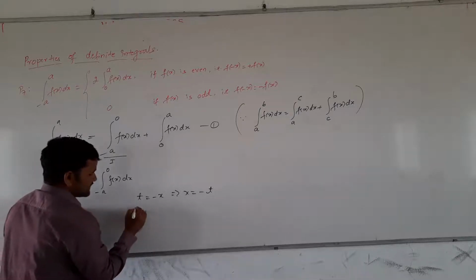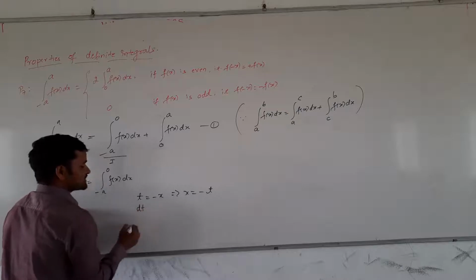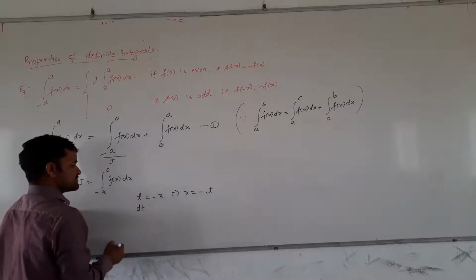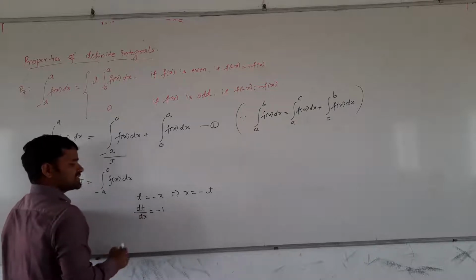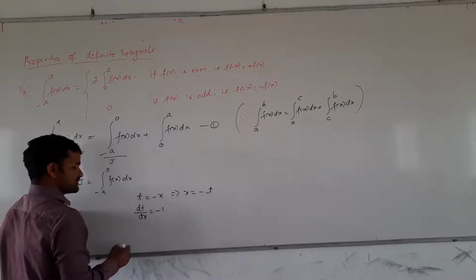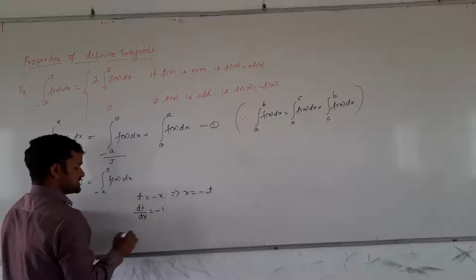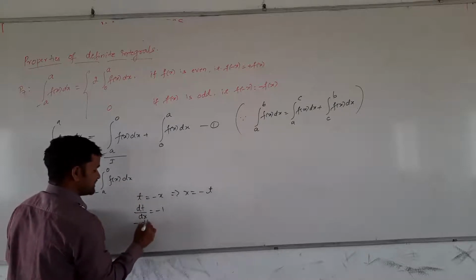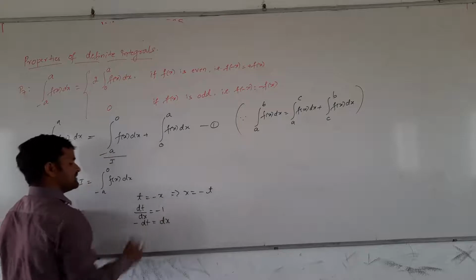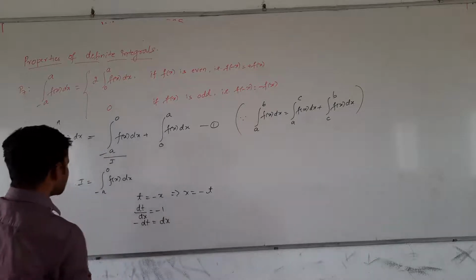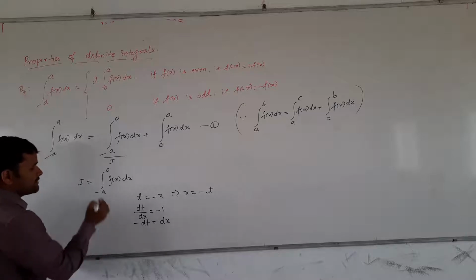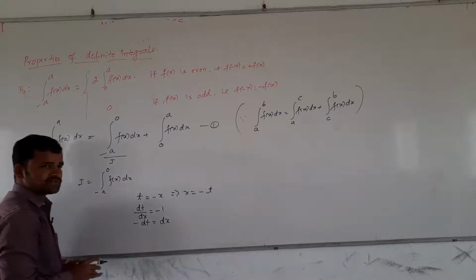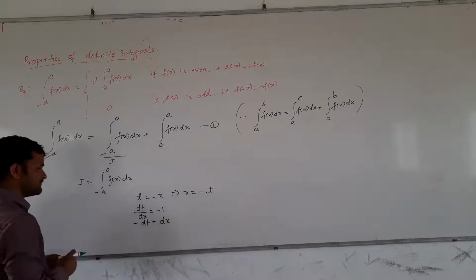Now differentiating the function t is equal to minus x with respect to x, we have dt by dx is equal to minus 1. Here only dx is there, so we can write minus dt is equal to dx. Now upper limits and lower limits we need to change for the new variable t.